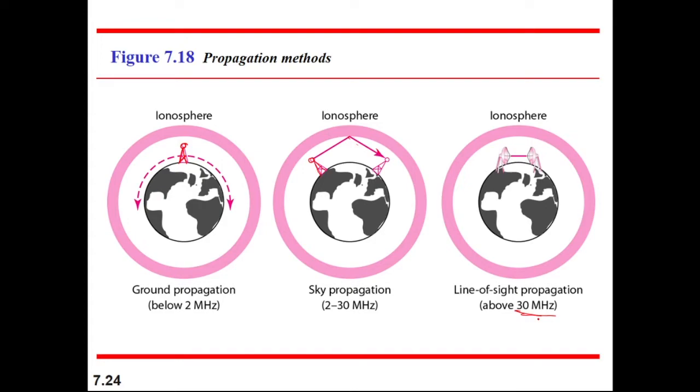Line of sight propagation means there is no reflection. The antennas are placed in such a way that they can pass the signal straight from one to the other, in the same line. So this is line of sight propagation.